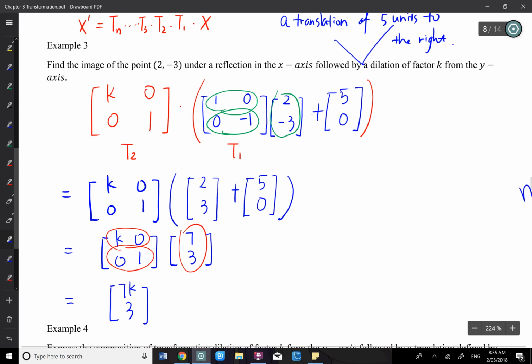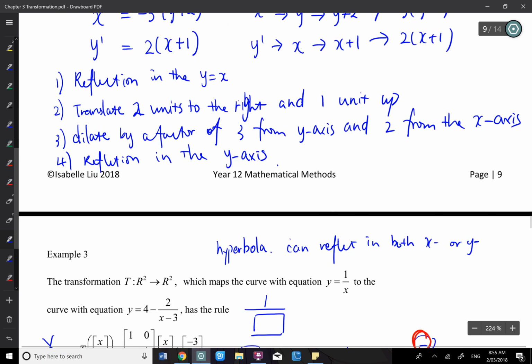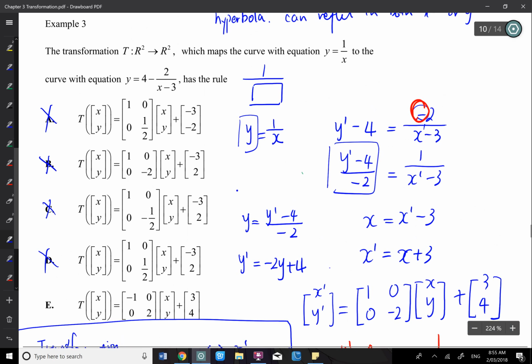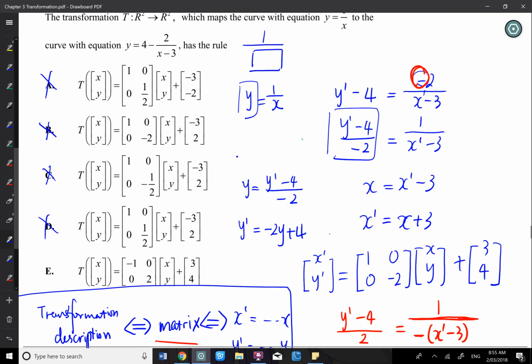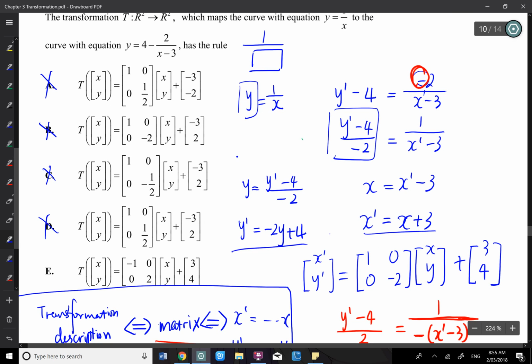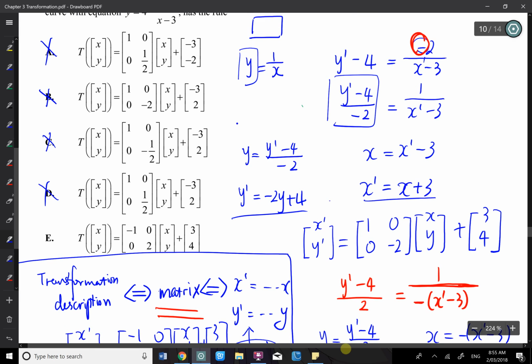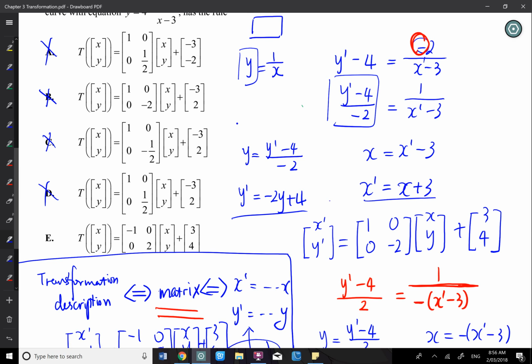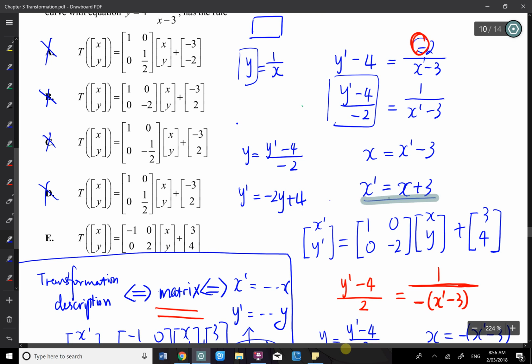So I want to see what the matrix is. I need to make x dash and y dash the subject, and then we can write the equation. So basically it's the coefficient of x and y, and then plus the constant at the back. Okay, so that's all about transformation.